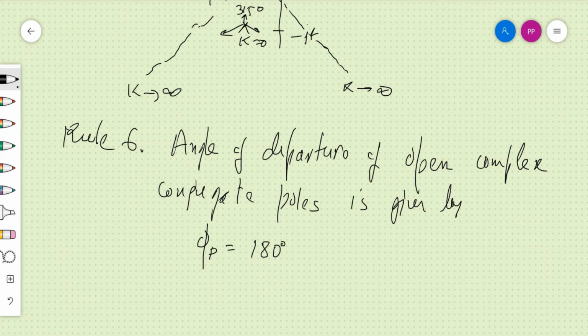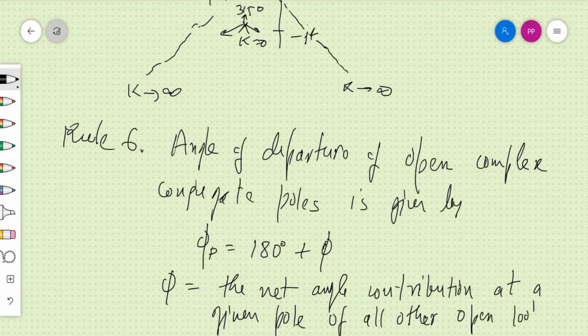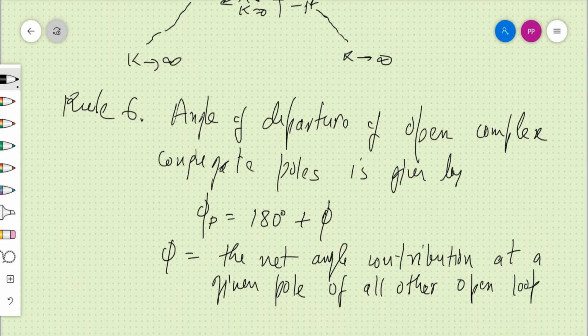To simplify it, I make it 180 degrees plus phi, where phi equals the net angle contribution at a given pole of all other open loop poles and zeros.